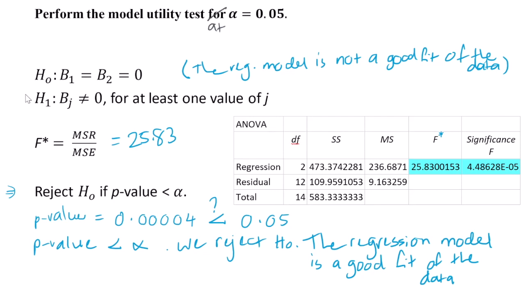Okay, the null hypothesis would be that the regression model is not a good fit of the data. If we reject the null hypothesis, the regression model is indeed a good fit of the data.